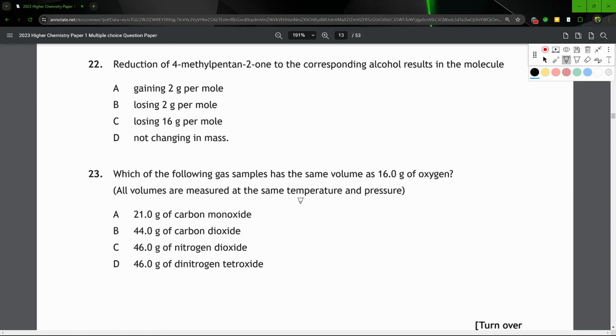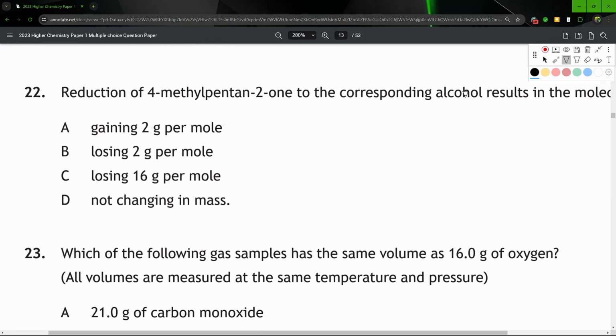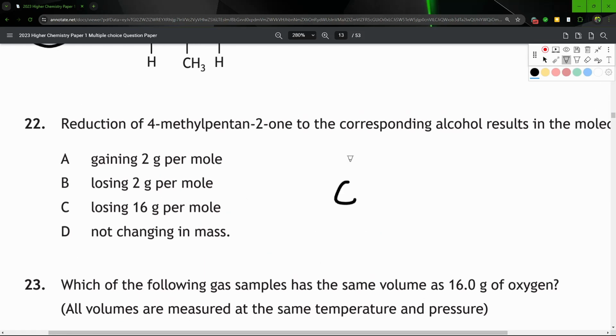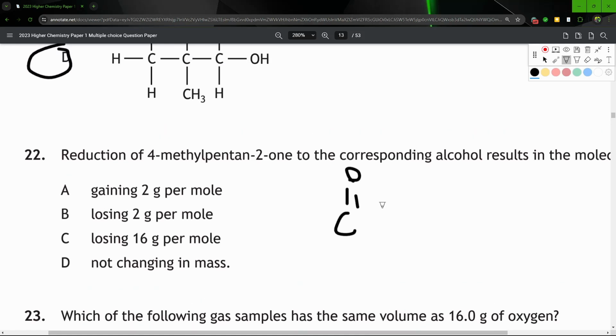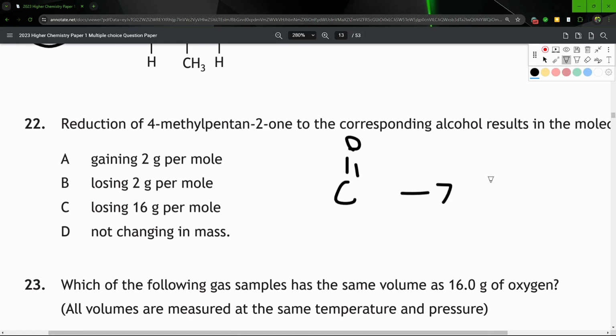22. Reduction of 4-methylpentanal to the corresponding alcohol results in the molecule either gaining 2 grams per mole, losing 2 grams per mole, losing 60 grams per mole, or not changing in mass. So if we're going to reduce this into an alcohol, the carbonyl double bond will be transformed into a C-OH group, and there will be an extra hydrogen atom on top, because you've freed up a bond.